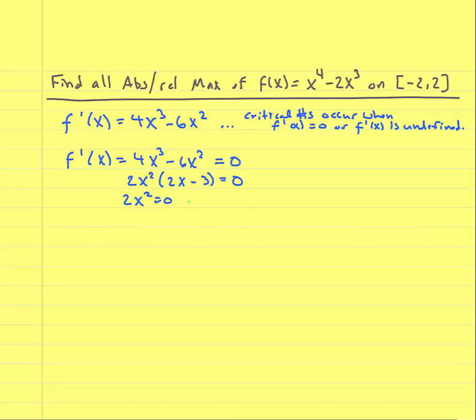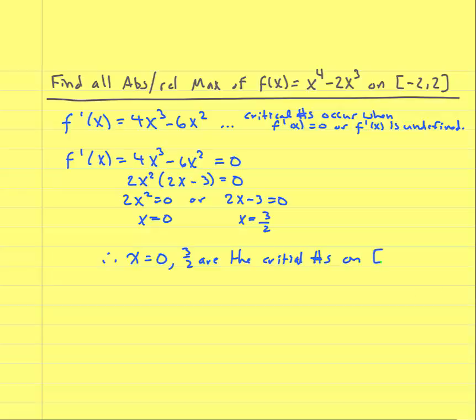So I have 2x squared equals 0, or 2x minus 3 equals 0. Well, x is equal to 0 here, and then over here I'd add the 3 and divide by 2, and I get x is equal to 3/2. So therefore, x equals 0 and 3/2 are the critical numbers.